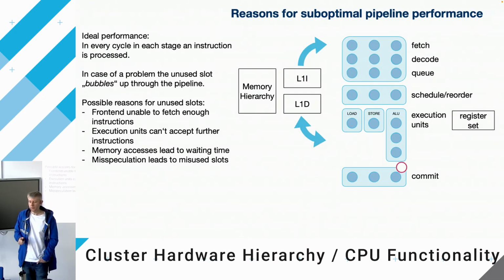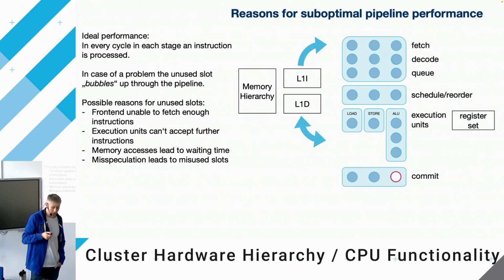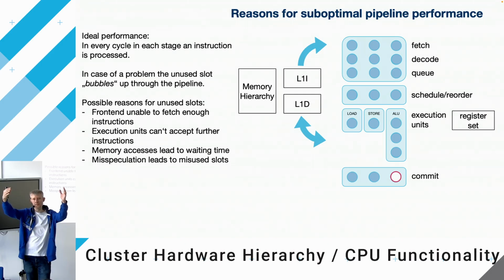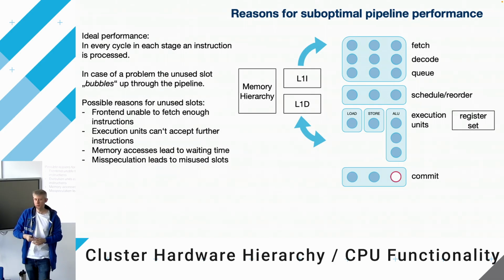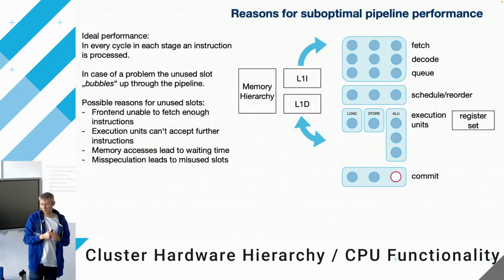Now, what are the reasons for suboptimal pipeline performance? As we have seen, our CPU has a pipeline that is fed with instructions from our memory. It always needs more instructions, more instructions. Then they go through this pipeline and get some data in and data out. But then we have these stalls.